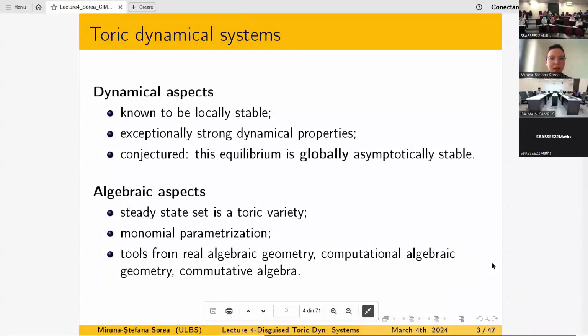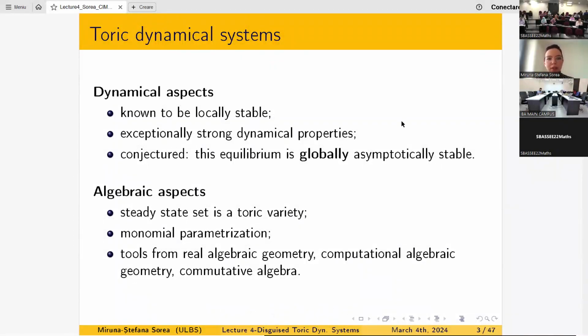So both nice dynamics, local stability, sometimes in some cases proven globally stable, and in some other settings, algebraic. From the point of view of algebra, we have these polynomial equations where one can plug in the parameters and then check if indeed the system is enjoying these nice properties, if the system is indeed toric.